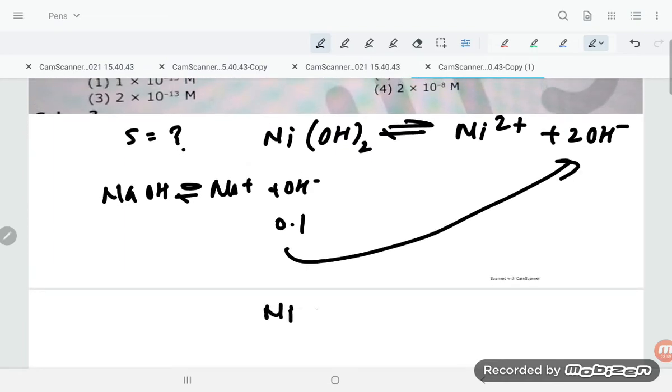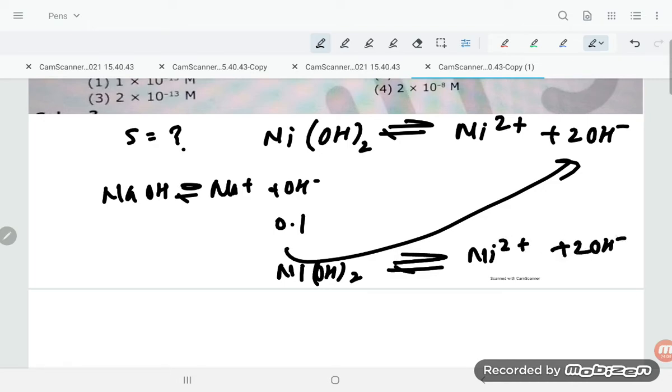So again I am writing Ni(OH)2. It is going to be Ni2+ and 2OH-, and this concentration 0.1 is given. So if you are writing Ksp, how can we solve? That is Ni2+ and OH- squared will come.